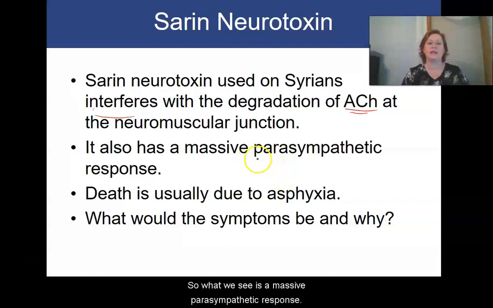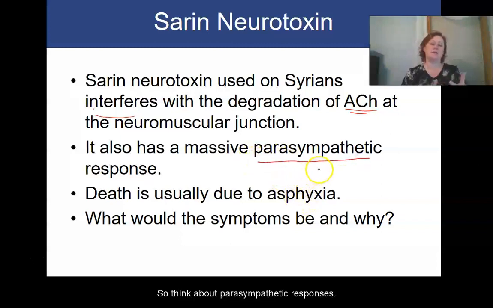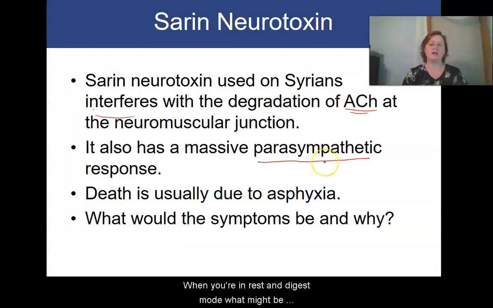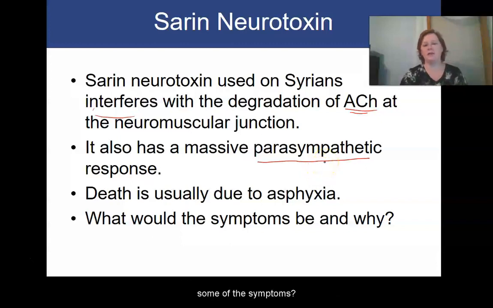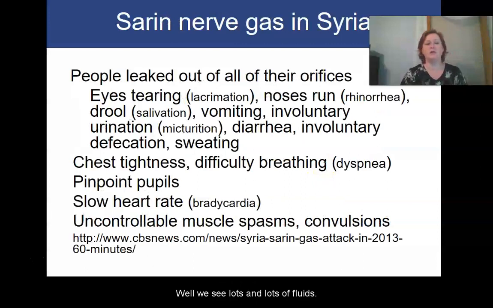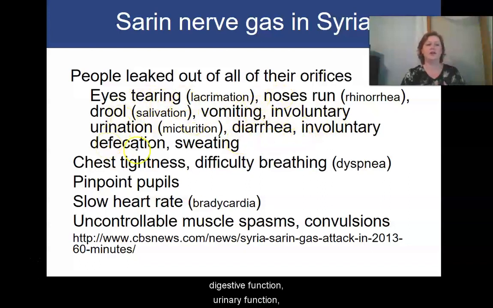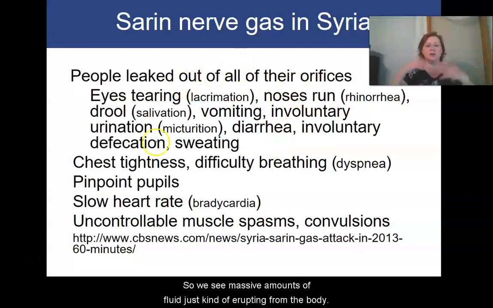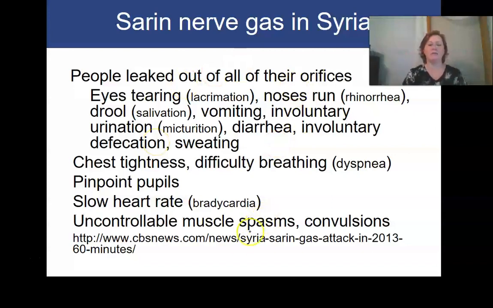So what we see is a massive parasympathetic response. So think about parasympathetic responses when you're in rest and digest mode. What might be some of the symptoms? Well, we see lots and lots of fluids because, remember, drool, digestive function, urinary function, those are all tied to parasympathetic. So we see massive amounts of fluid just kind of erupting from the body.